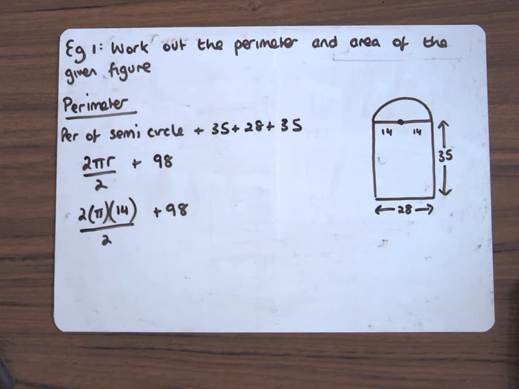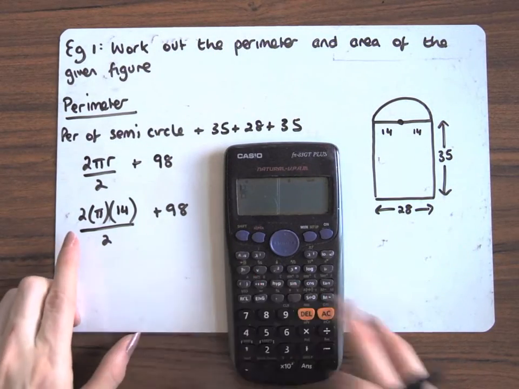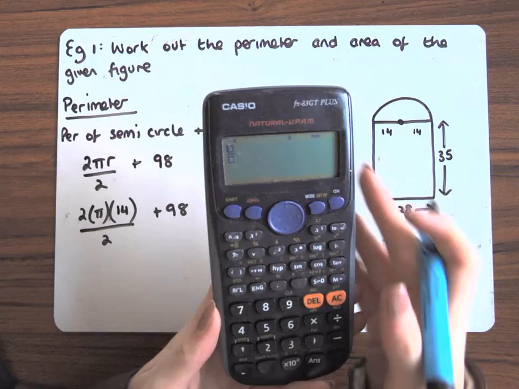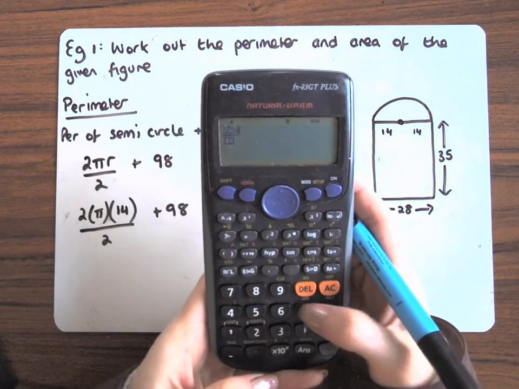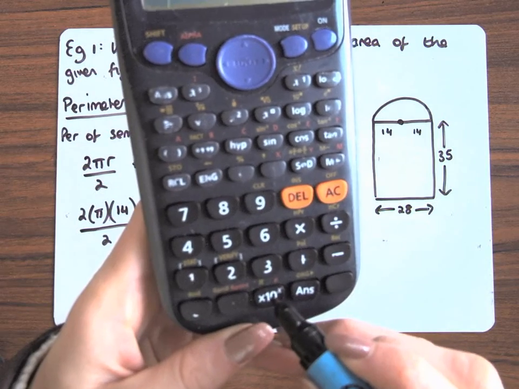Now, did they say anything about the answer? Do they want it to 2 decimal places? Do they want it to pi? They didn't say anything. So when they don't say anything, you're going to use the pi button on the calculator. Okay? So do you remember where the pi button is? So I need to do my fraction. Okay? And then 2 by, pi is down here in yellow.